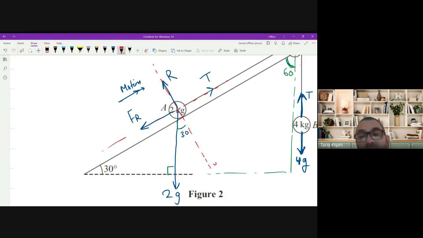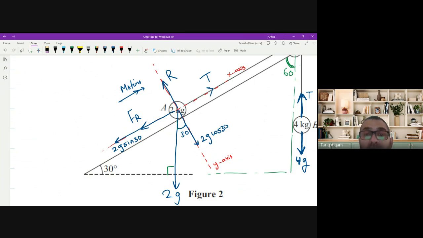You remember, this is the y-axis, and this is the x-axis. Now, since the angle is given with the x-axis here, this becomes 2g cosine 30, and here 2g sine 30. If the angle is given with the y-axis, then the y-axis takes cosine and the x-axis takes sine, if I can say that. Okay? I resolved the weight.